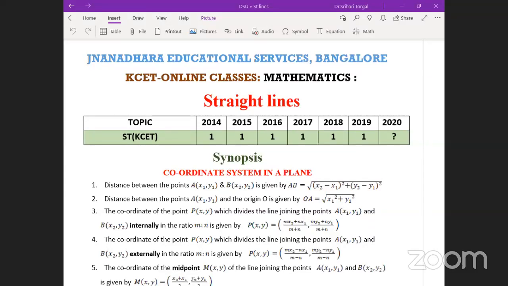Today's topic is straight line. Very important one, because you can expect 100% one question from this part. You can see here in 2014, one question.